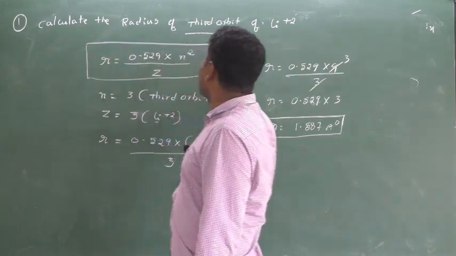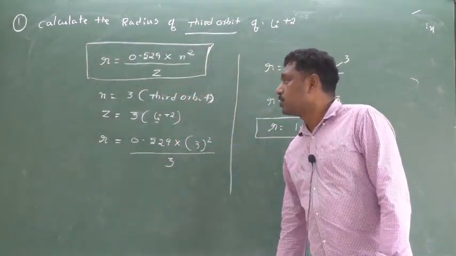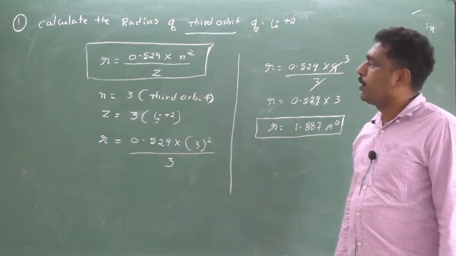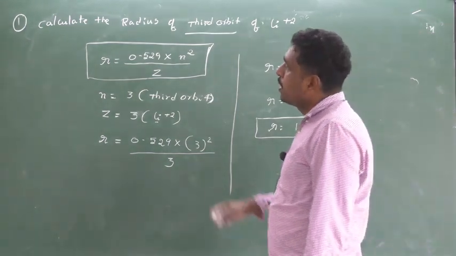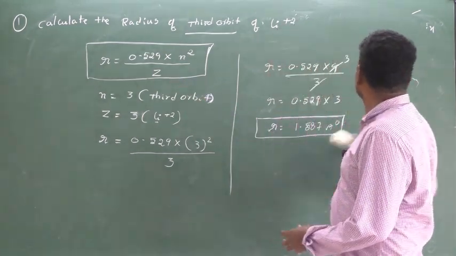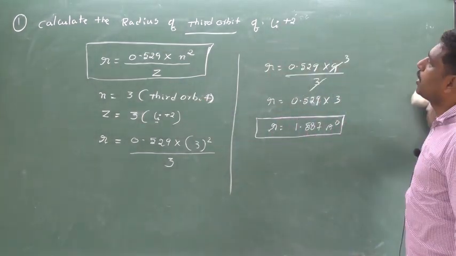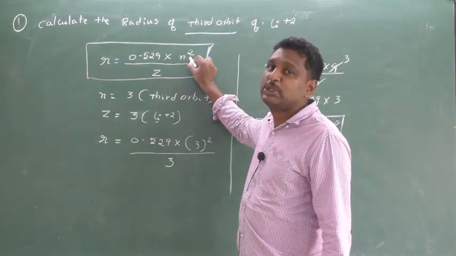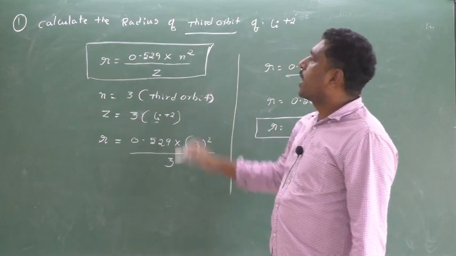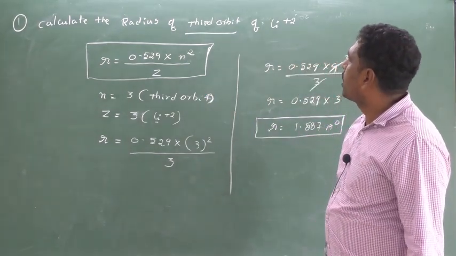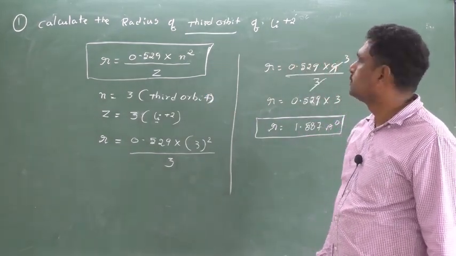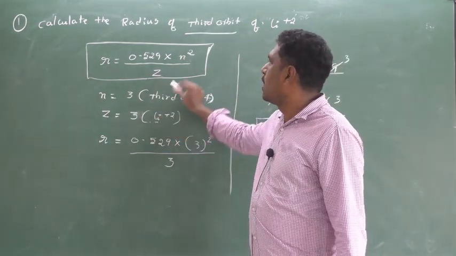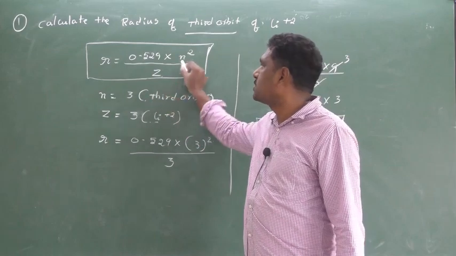So this is a simple method to calculate the radius of orbit by using this formula. This formula is given by Bohr: radius equal to 0.529 into n square. For example, if you calculate the radius of second orbit of helium, second orbit means we are taking 2 square. Helium Z value equal to 2 and n value 2 square.